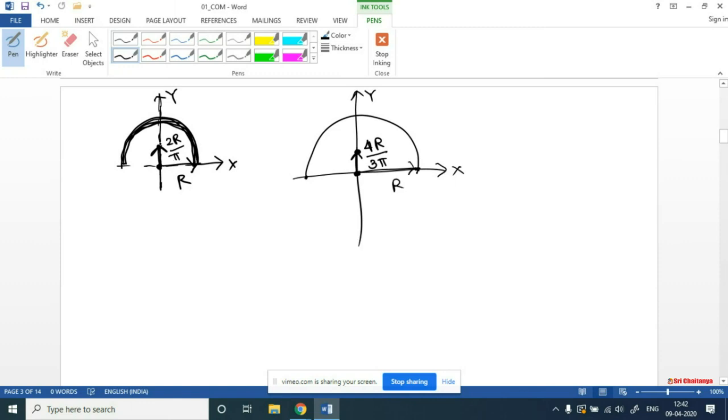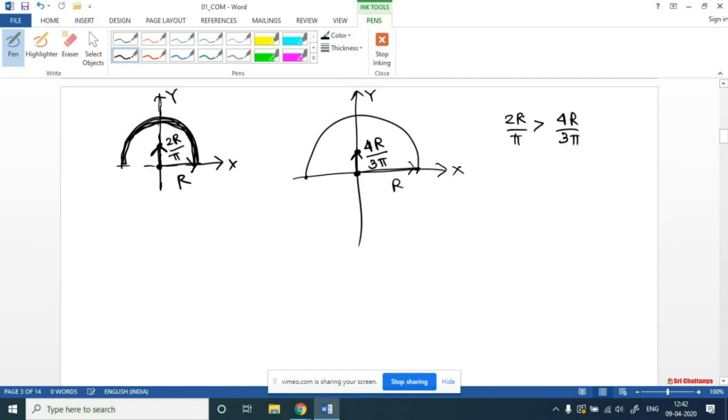So definitely the center of mass of a semicircular ring would be away from the center, because the mass is concentrated away from the center. So the distance of the center of mass will be greater than that in the disk. Clearly, 2r by pi is greater than 4r by 3 pi.